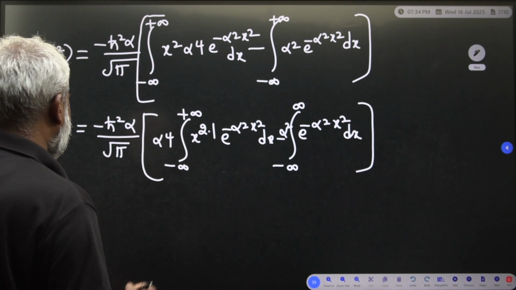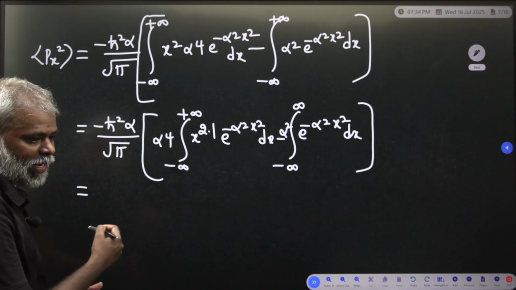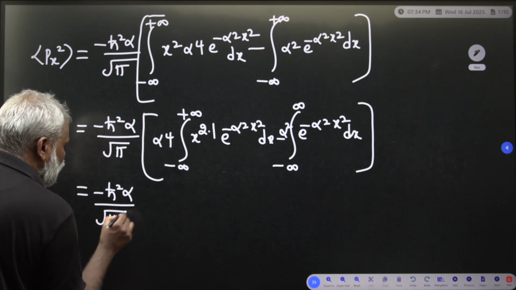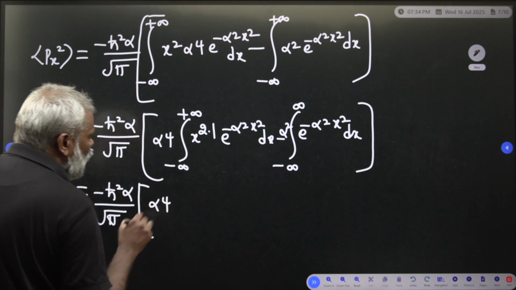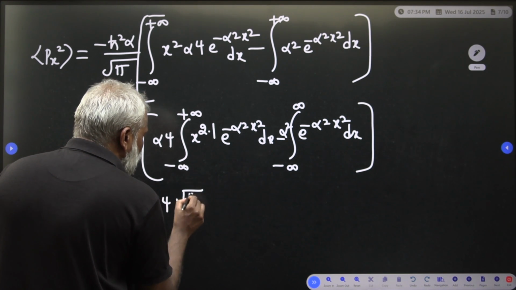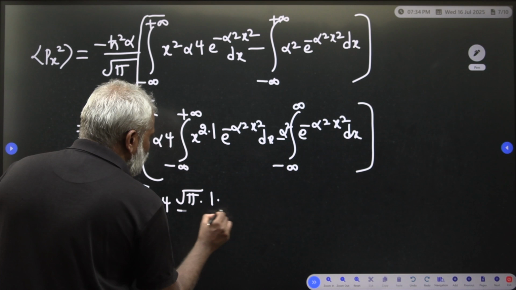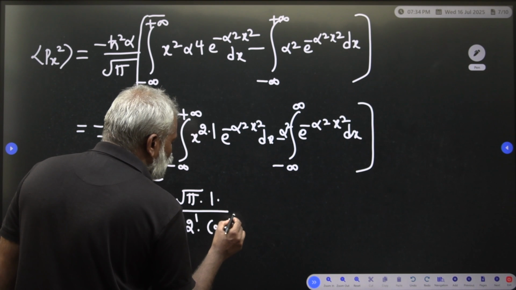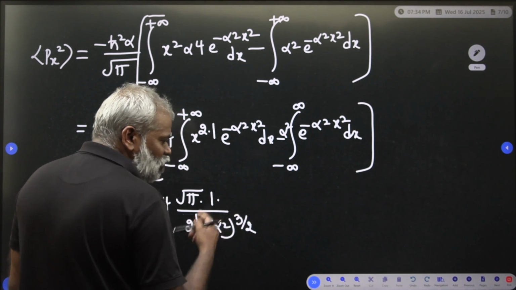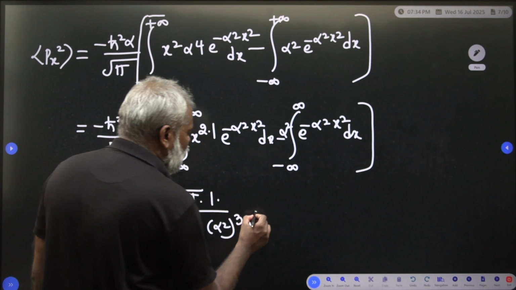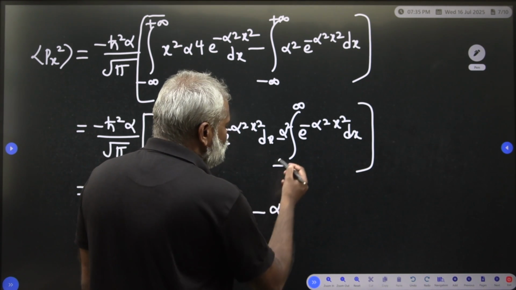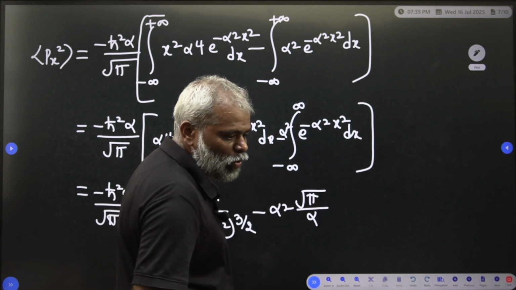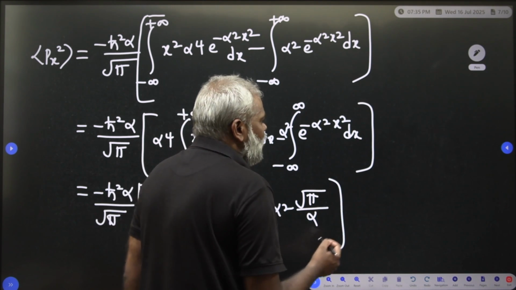Therefore, you have to use the integrations. We get minus h cut square alpha divided by root pi into alpha to the power of 4, root pi into 1 divided by 2 to the power of 1, alpha square whole to the power of 3 by 2, since 1 plus 1 by 2 is 3 by 2, minus alpha square into root pi divided by alpha.